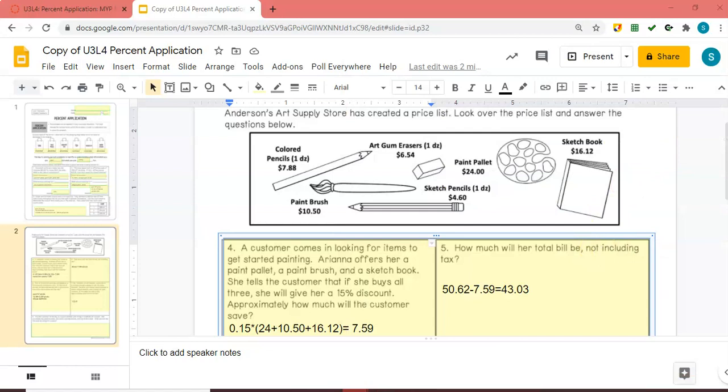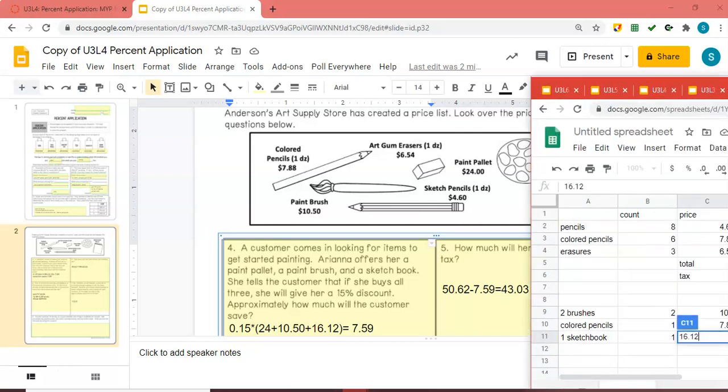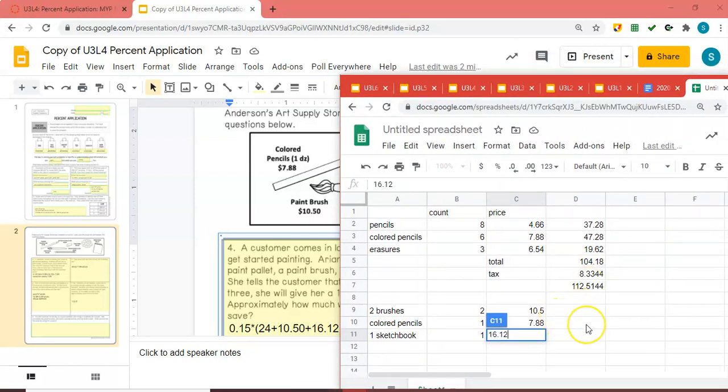Oh, that made that too big and popped in the wrong place. So how much did she spend on brushes? Well, she spent $21 on brushes, $7.88 on colored pencils, $16.12 on that, and we can find our total.